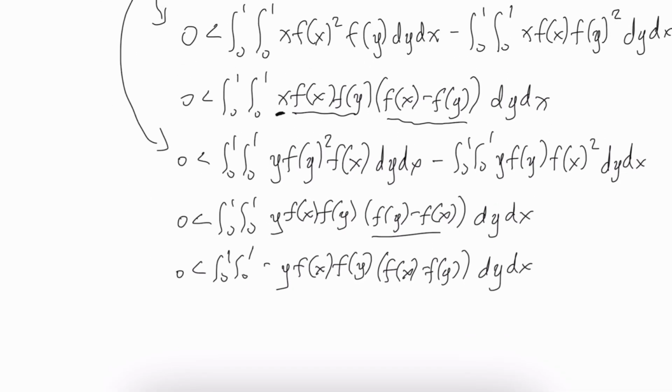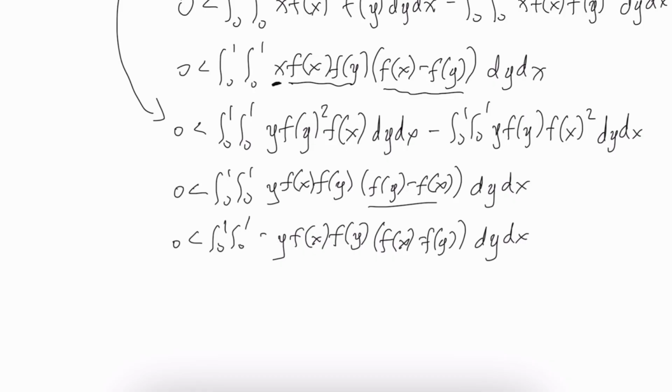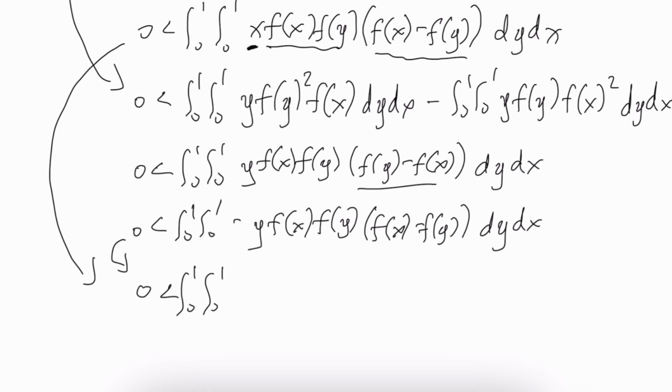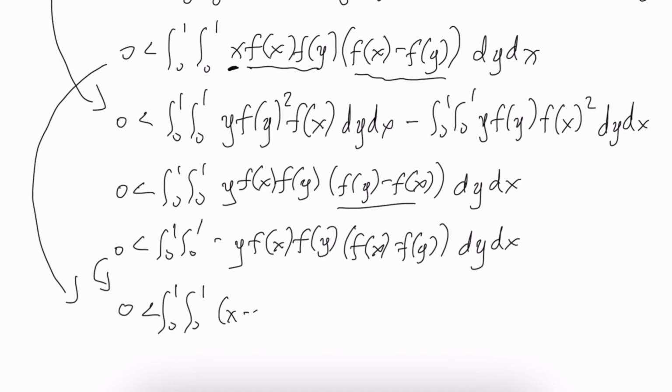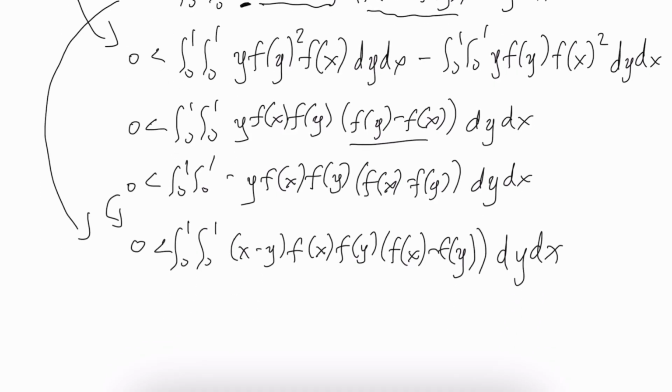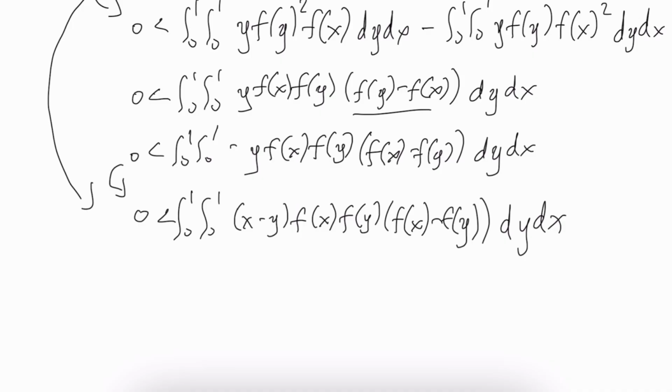Now if we add both of these two equations, we'll immediately have the double integral from 0 to 1 of x minus y times f of x f of y times f of x minus f of y dy dx. So now we have this nicer looking expression that we want to prove is positive.